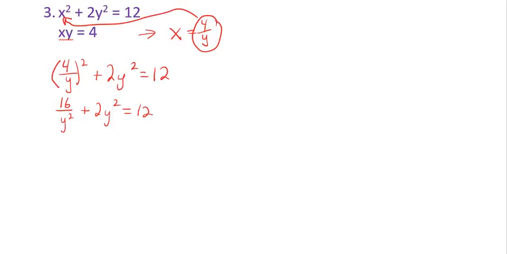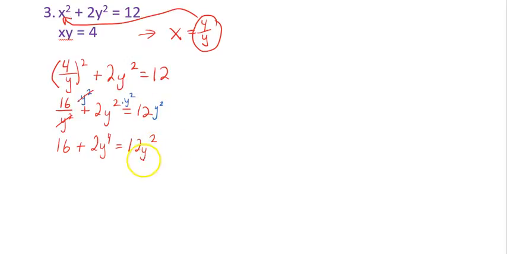The way to get rid of the fraction is by multiplying everything by that denominator, y squared. So y squared times everything. It'll cancel with the denominator in that first thing just like we wanted it to. But here you'll get 2y squared times y squared, so that will be 2y to the 4th. And then that should equal 12y squared.